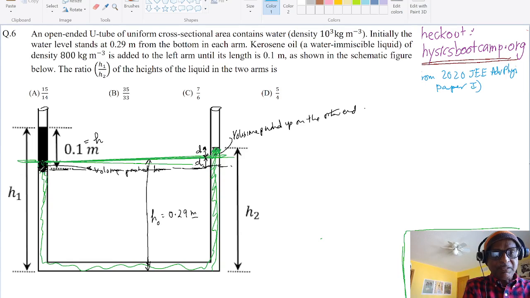If you look from here to here, this is one fluid, right?